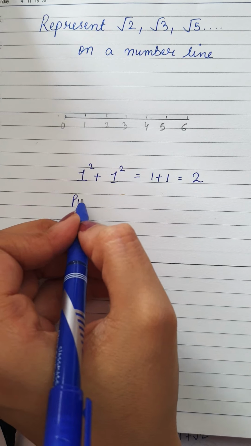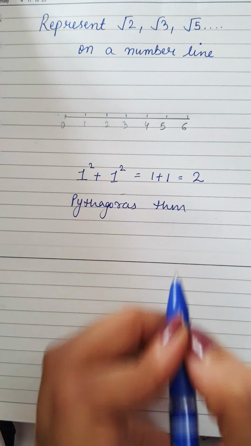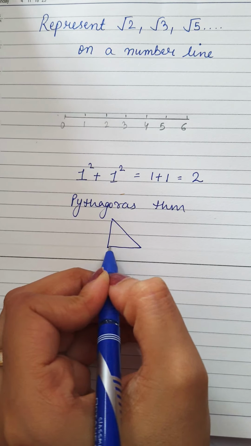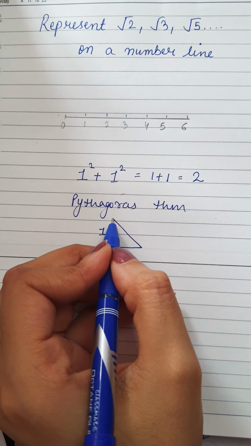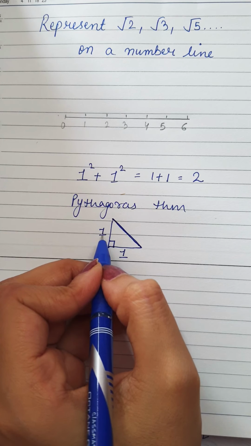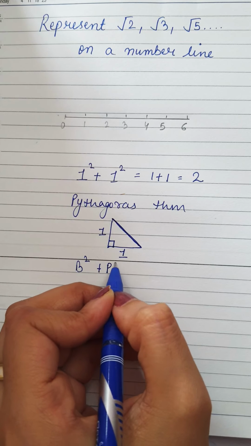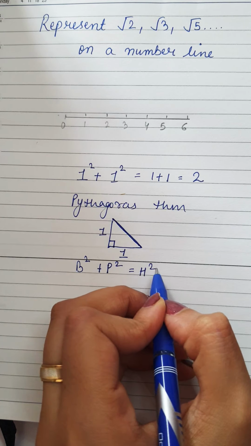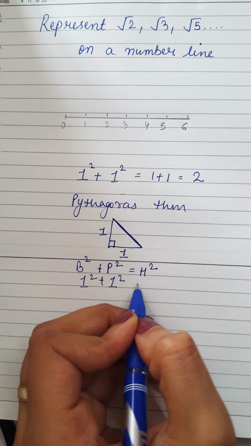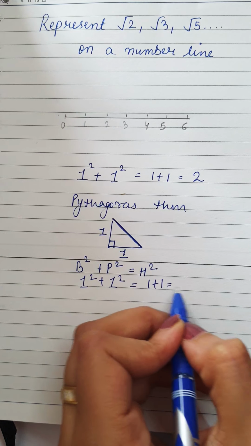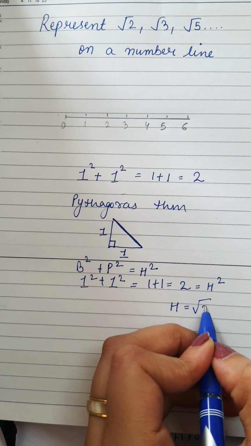So according to Pythagoras theorem, if in a right angle triangle, if I take 1 here, then this length will be square of this plus square of this, base square plus perpendicular square equals to hypotenuse square. So this is 1 square, this is also 1 square. So this will be 1 plus 1, hypotenuse square will be 2. So hypotenuse will be under root 2.